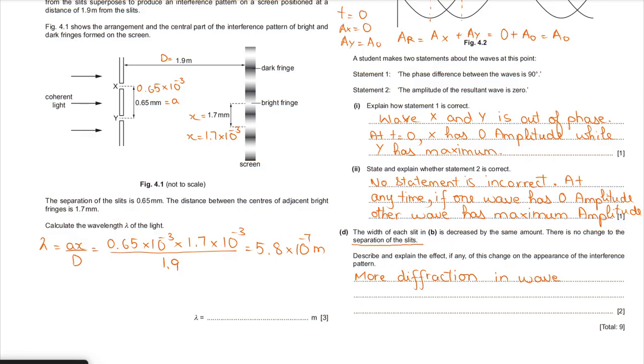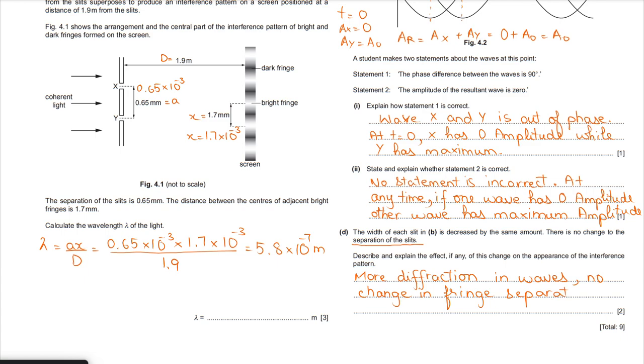So since there is going to be more diffraction in waves, अच्छा, आपके पास क्योंकि a की वैल्यू कांस्टेंट है, d भी कांस्टेंट है, लेमडा भी कांस्टेंट है, सो there will be no change in the fringe separation. ठीक है, सो we will write no change in fringe separation.